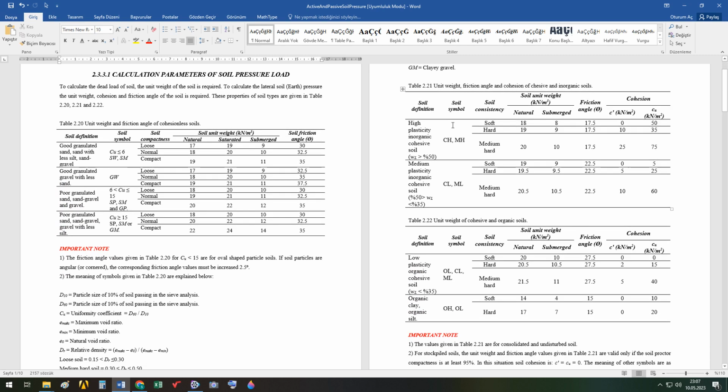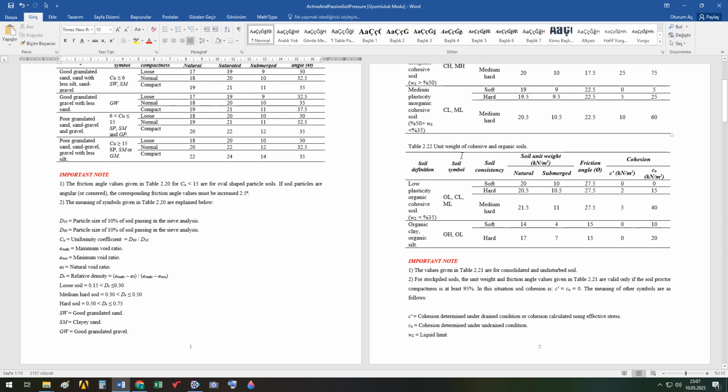Here, this table is given for cohesive and inorganic soils. We want our soils to be inorganic so that they can be used in civil engineering applications as fill material, for example. And this table is for cohesive and organic soils. As cohesive soil, we mean clay and silt soils, which include clay and silt in addition to sand and gravel.